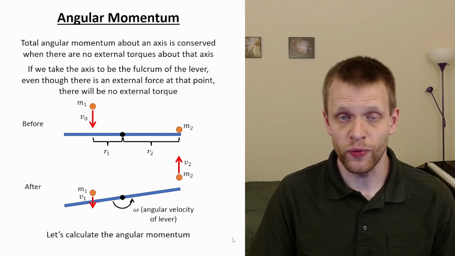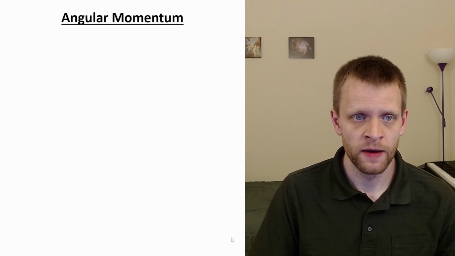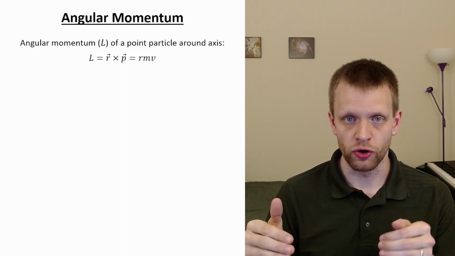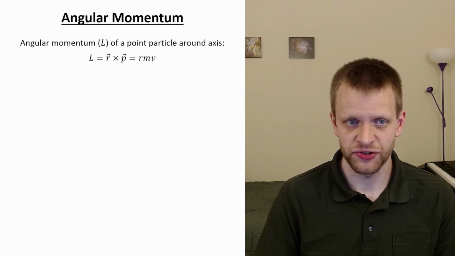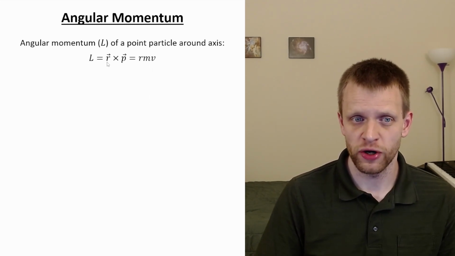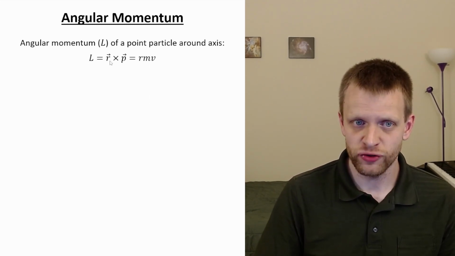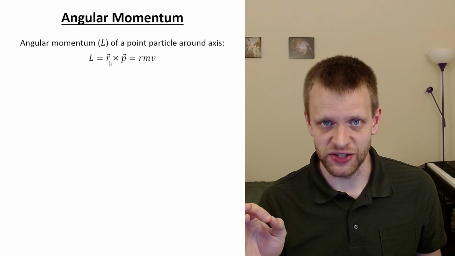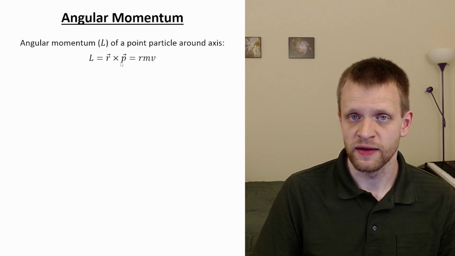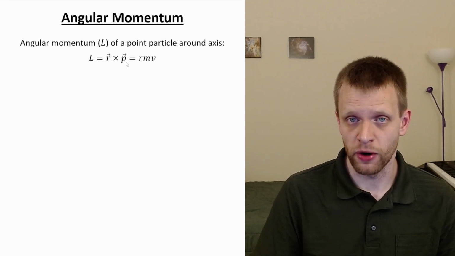So let's see how we actually calculate this. For angular momentum, if I have a point particle moving around some axis, the angular momentum is defined as the cross product between the vector that points from your axis to where that particle is located, crossed with the momentum of that particle.